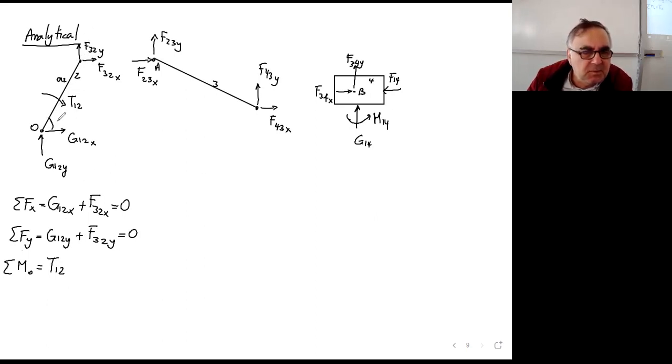So this is theta 12, this angle, plus F32x times A2 sine theta 12. Okay, that is the rotation effect of F32x.